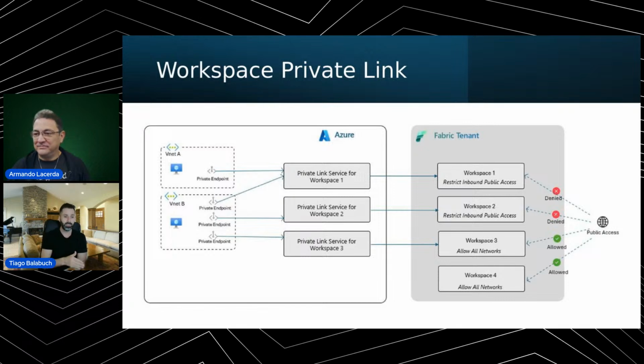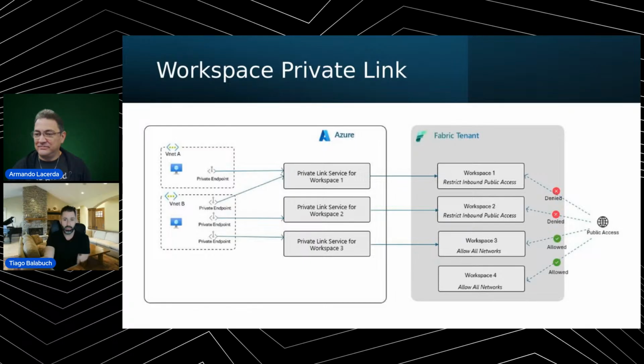So the data is incoming to Fabric. That's the main concept for Workspace Private Link. You can think of something like this: you have your Azure world here, and then you have many different VNets. For example, you have your VNet for your company, and you want to allow only people within this VNet to be able to connect to the Fabric tenant.